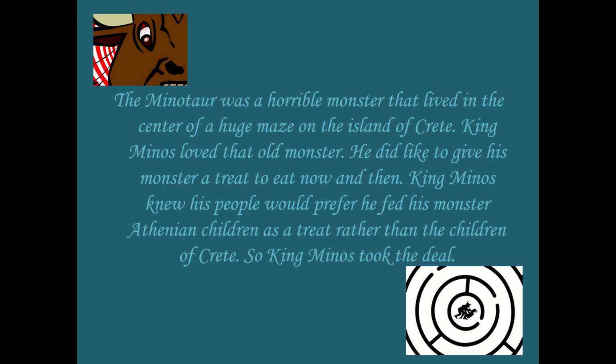King Minos knew his people would prefer he fed his monster with Athenian children, because his people would certainly hope that the king would not send their children to the monster. So King Minos believed that the deal put forward by the Athenian king was a good deal.